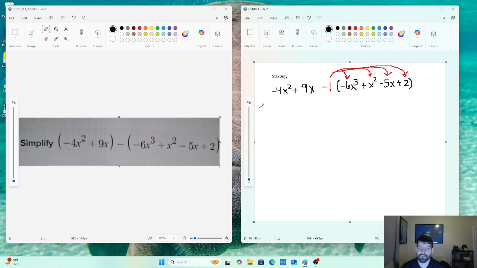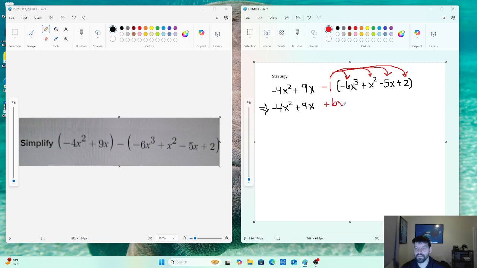Anything that is originally positive is now going to become negative. So what we can do is let that kind of be its own step as well, following the distribution of -1. So we have negative 4x squared plus 9x, -1 times negative 6x cubed is positive 6x cubed.